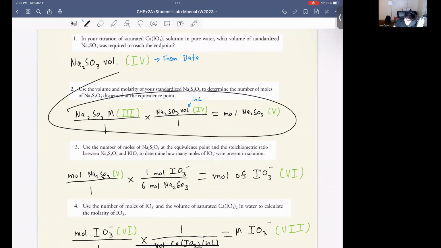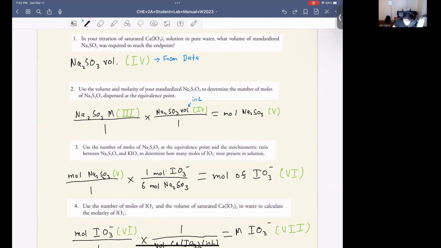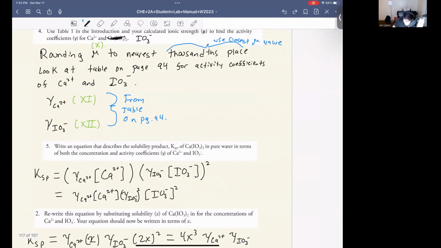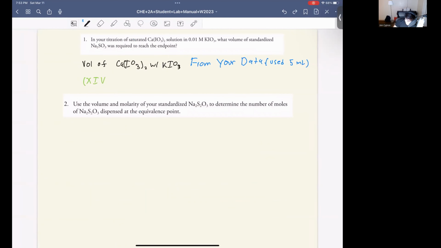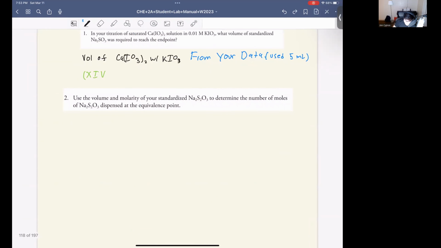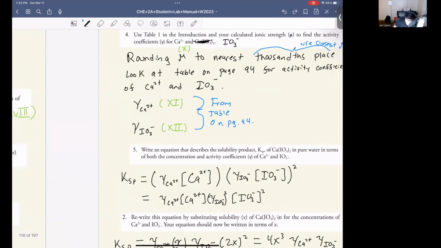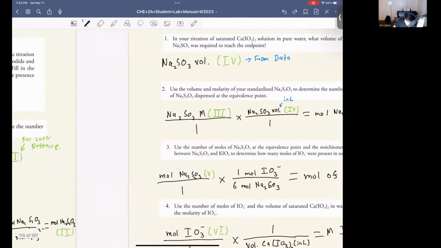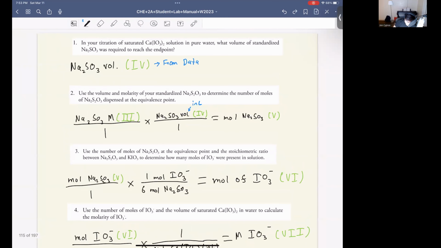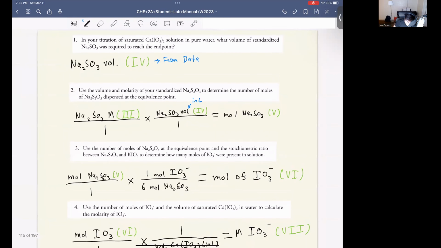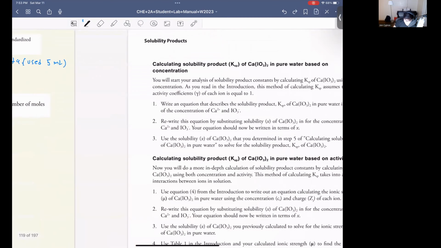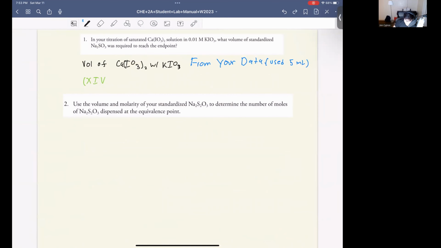You have the molarity, you have the volume, then you're just multiplying. Did I denote that with something? One second. Oh, okay, no, they were different. The problem is still the same though.